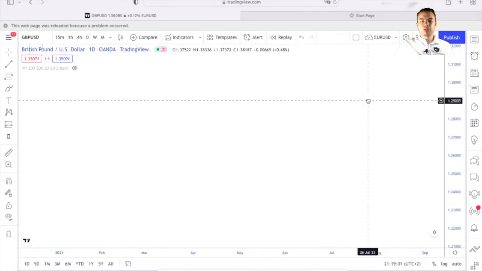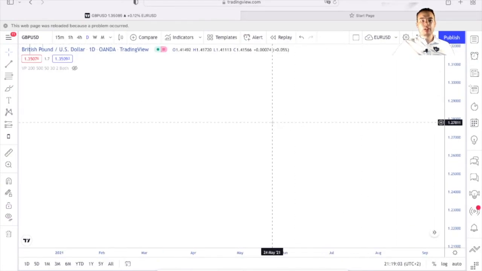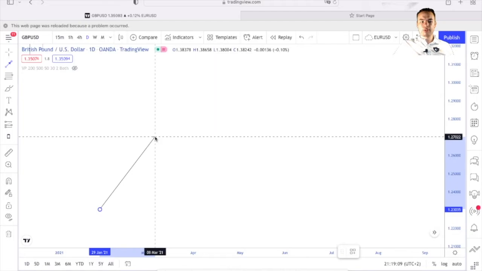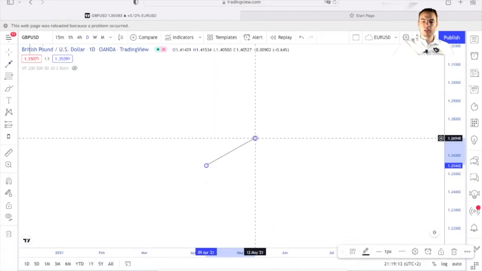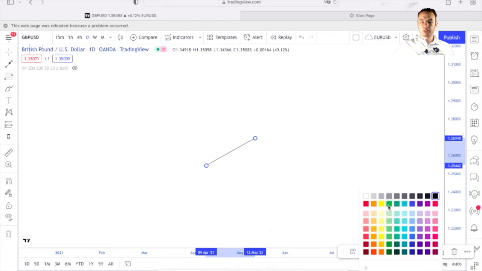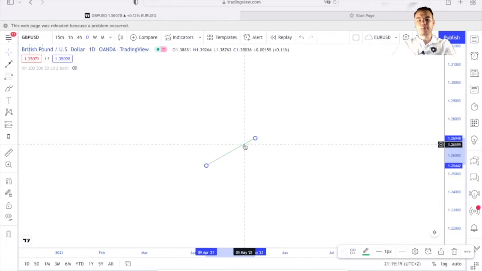So I'm going to show you a recap. Let's say for an ascending trend line, let me change the color so you know. Remember, it's bullish.